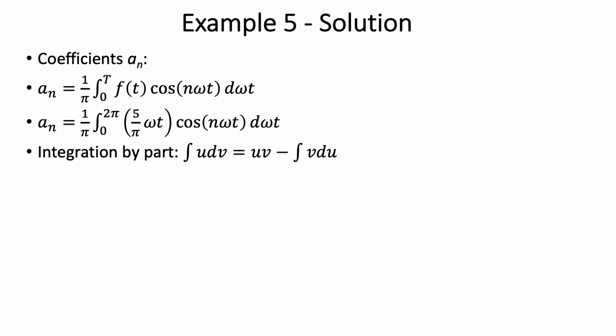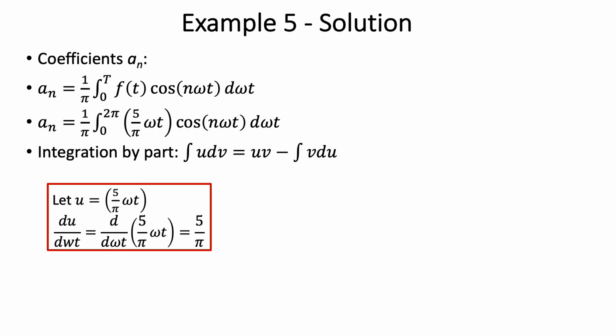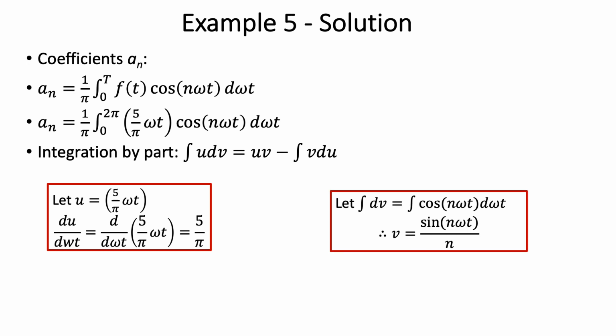We have to do integration by parts where integral u dv equals uv minus integral v du. In this example, let u equal 5 over pi omega t. Therefore, du over d omega t equals 5 over pi. Integral dv equals integral cos n omega t d omega t. Therefore, we have v equals sin n omega t over n.